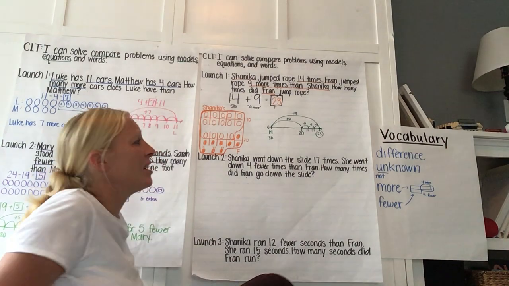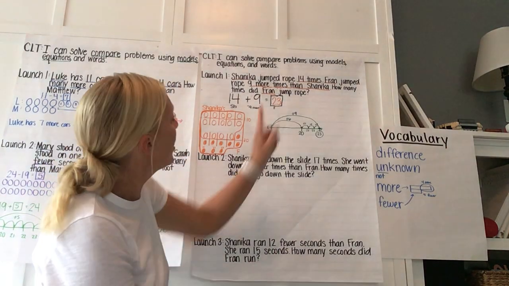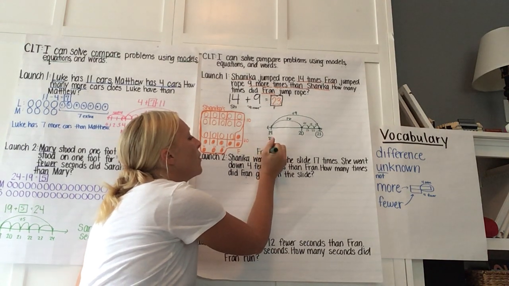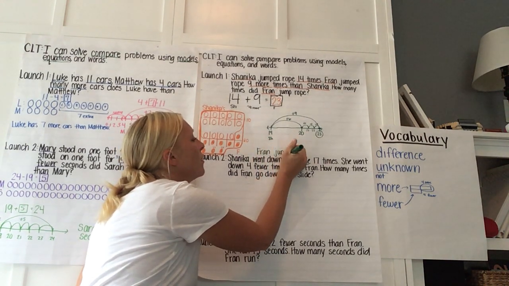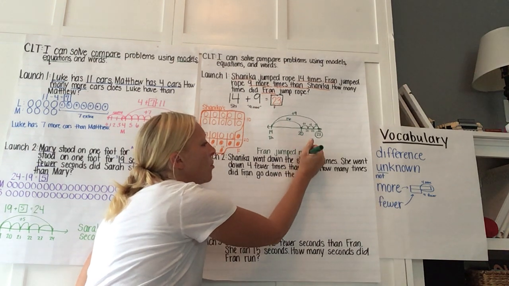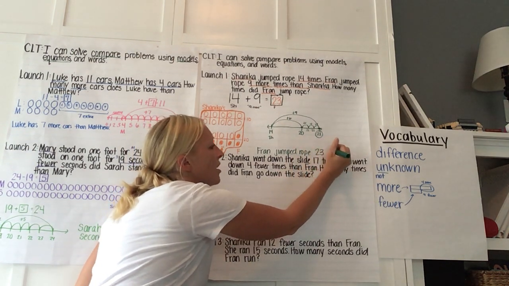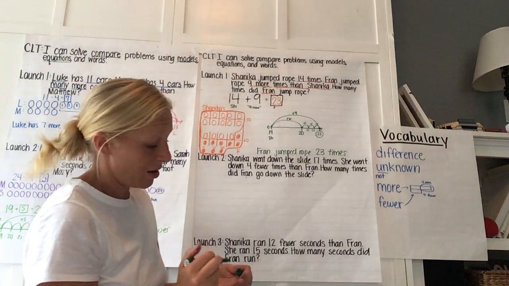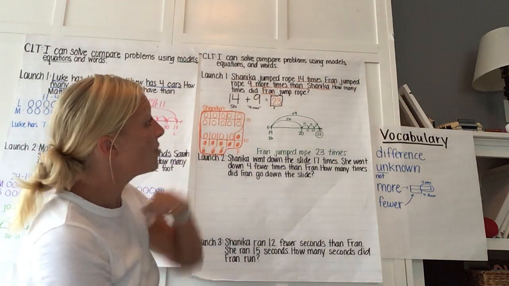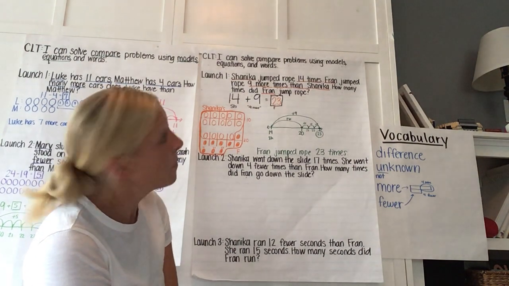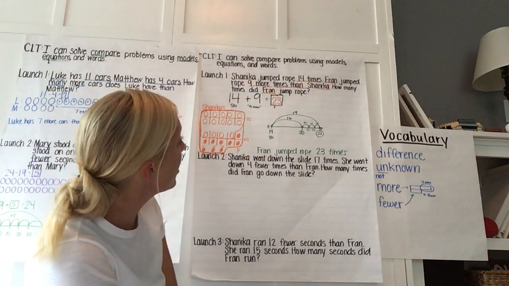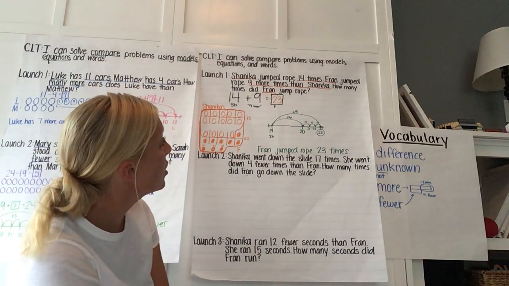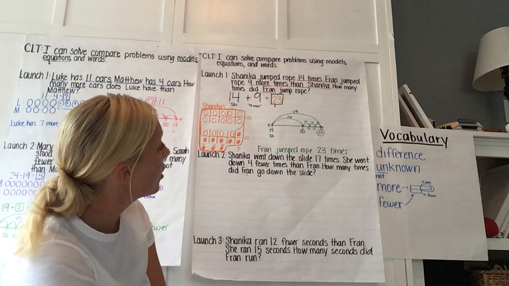So if we were going to write a sentence to answer that question, what would we say? How many times did Fran jump rope? Fran jumped rope 23 times. Let's double check. Is that 9 more times than Shanika? Yep, absolutely. Did she jump more than Shanika? Yes, she did. Very good.